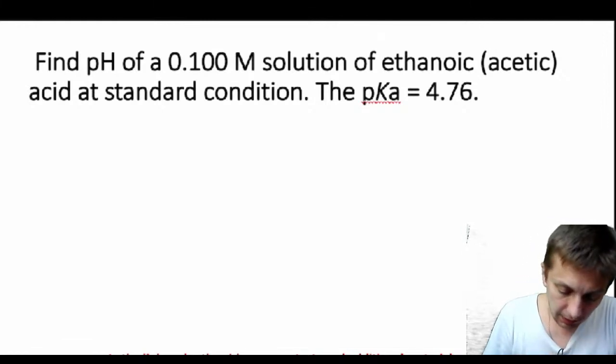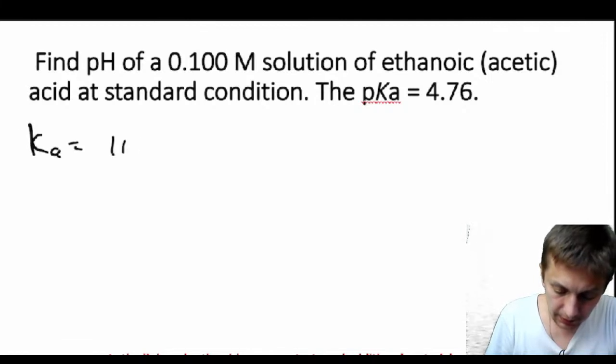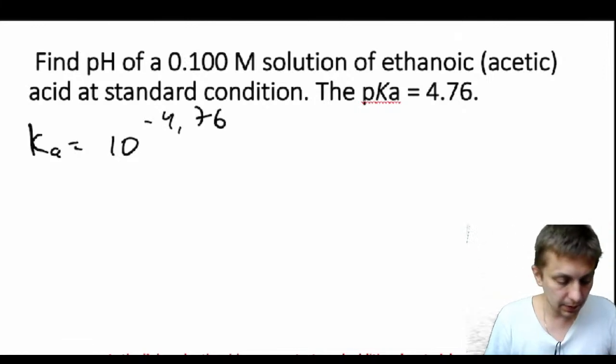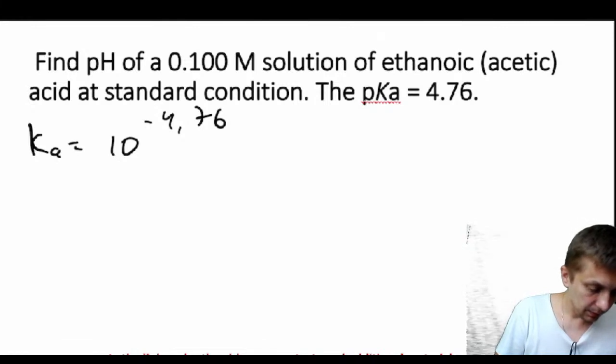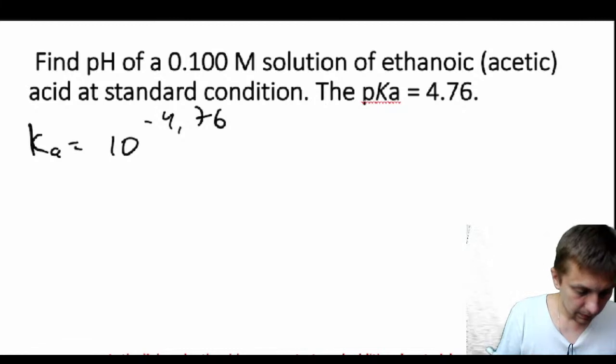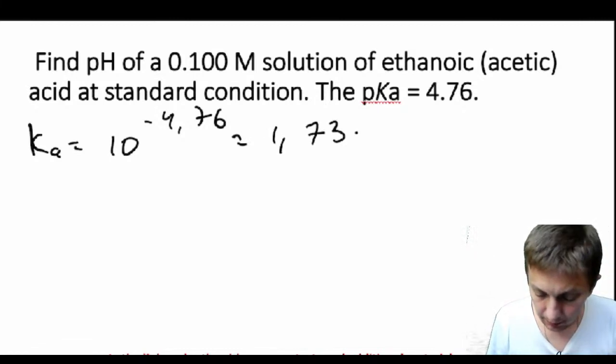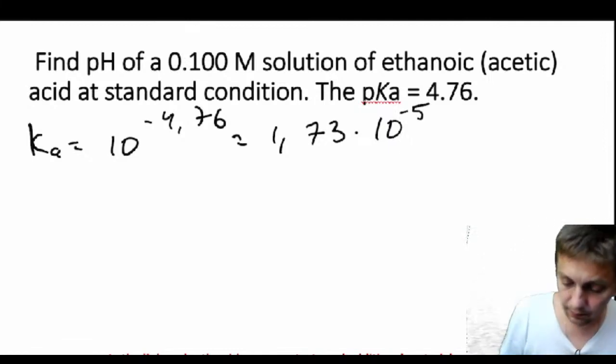At first I will find Ka. Ka is 10 to the power minus 4.76. It will be 1.73 times 10 to the power minus 5.